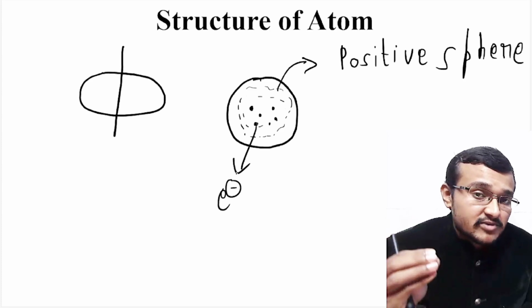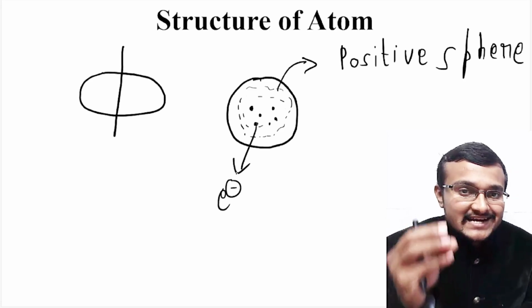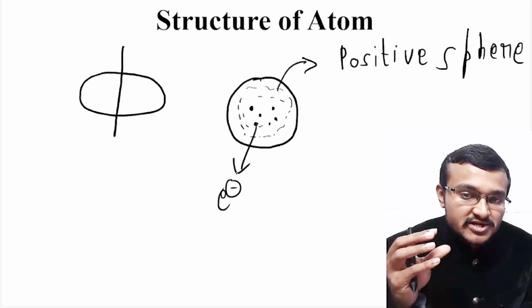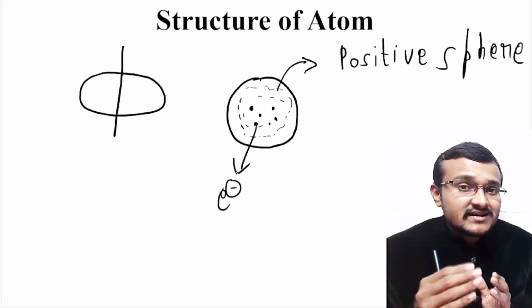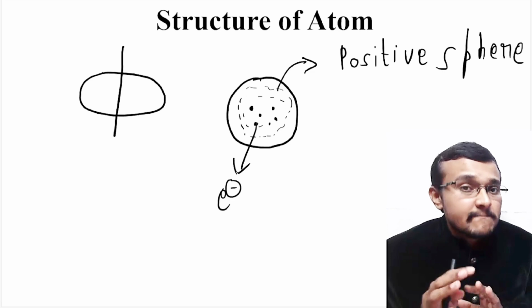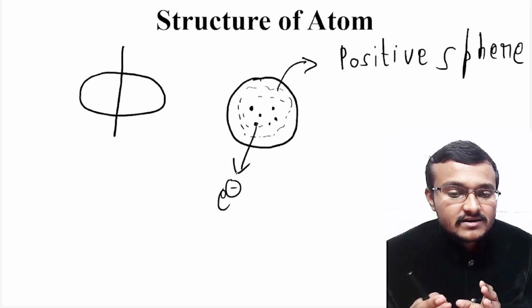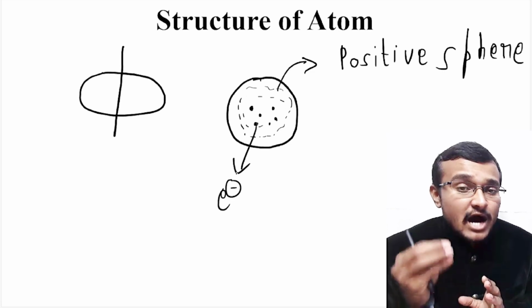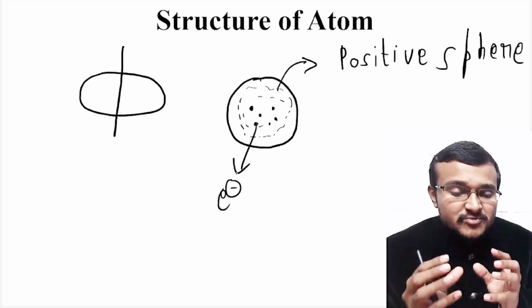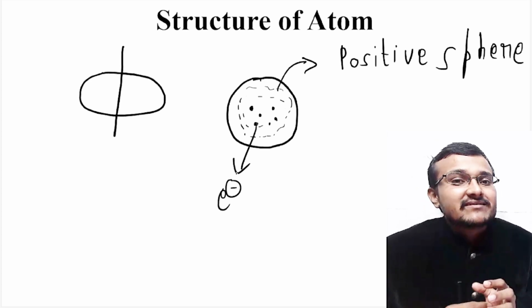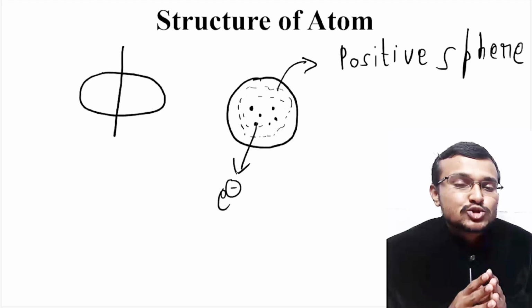Electrons have negative charge and this positive sphere has positive charge, and hence the net charge of atom is balanced out. But here he didn't explain how these electrons are arranged inside an atom.